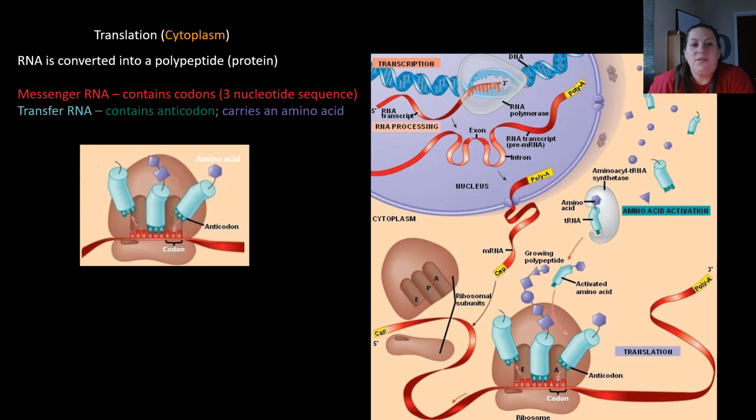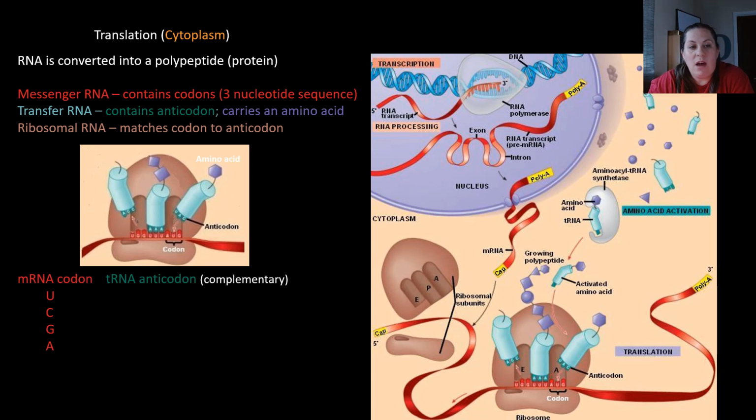There's also going to be transfer RNA, and these are shown in the turquoise color. They contain the anticodon, the opposite of the codon, and they're going to be the ones who carry the little purple structures, which are the amino acids. Now, where are they going to carry them to? They are going to transfer or carry them to the ribosomal RNA, the ribosome. This is going to be where they match the codon to the anticodon, and we actually see the building of the new protein.